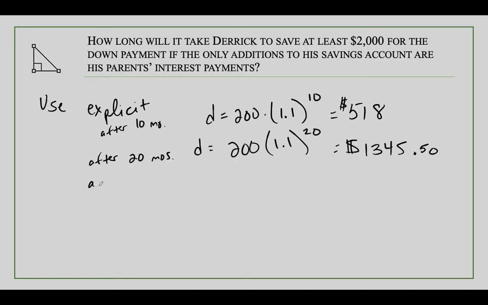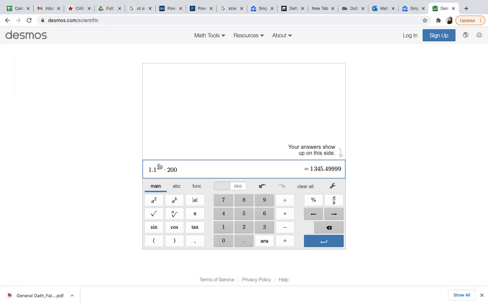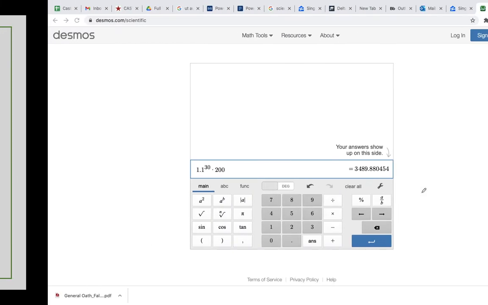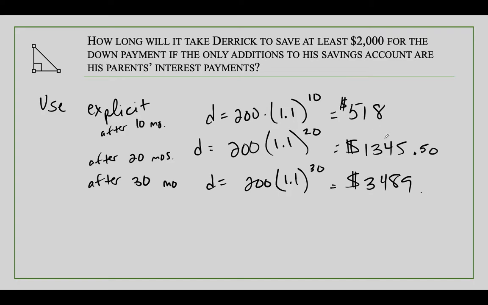Okay, so then let's try after 30. Ooh, 3,489.88. So a little too much. So let's scale it back. Let's try 24 months.